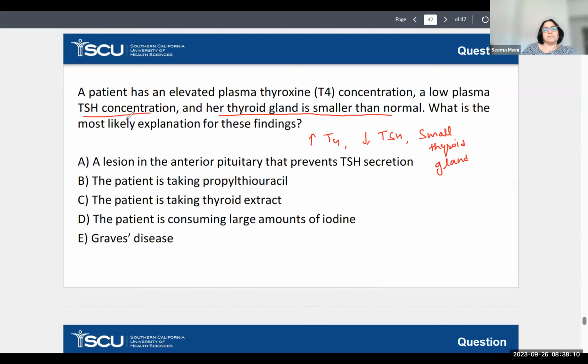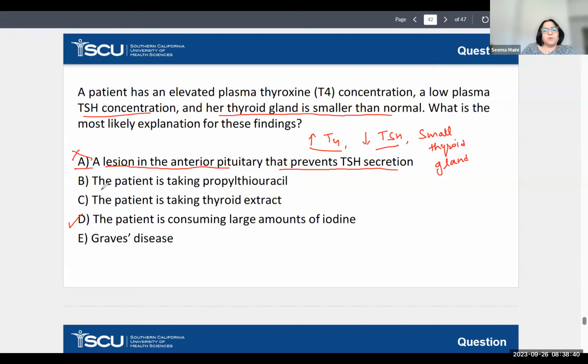So let's look at all the options one by one. Yes, it's D. Let's look at option A: a lesion in the anterior pituitary that prevents TSH secretion. Yes, that justifies low TSH, but does not justify increased T4 levels, right?